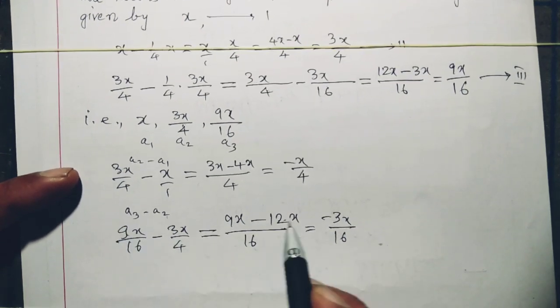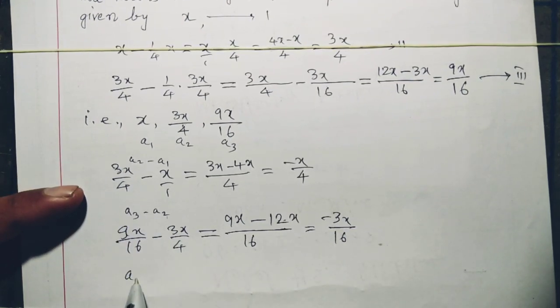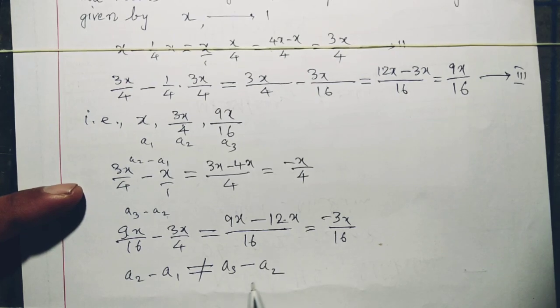So we understood A2 minus A1 is not equal to A3 minus A2.